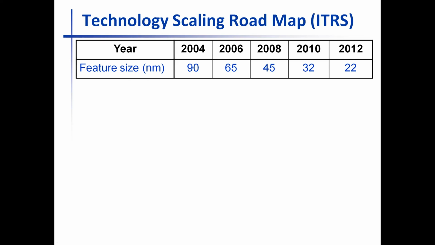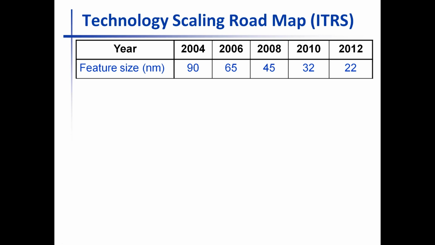That was an organization set up around 2001, and they predicted, based on the demand for computational power and the available technology and the potential improvements in technology, how the feature size scaling down would happen in the next 10 years to come.